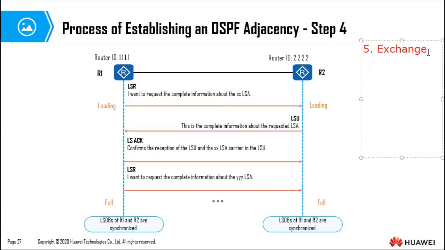So anyway, after the exchange state, we go to the loading state, and lastly we have the full state. When you are on the full state, then we say you're adjacent.